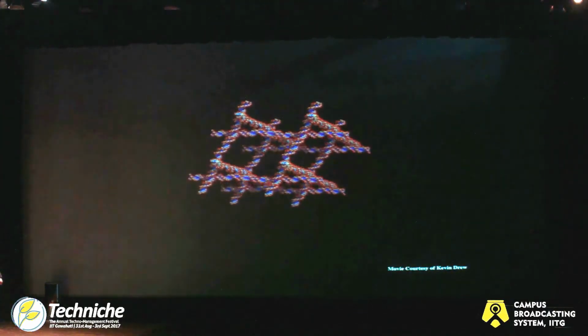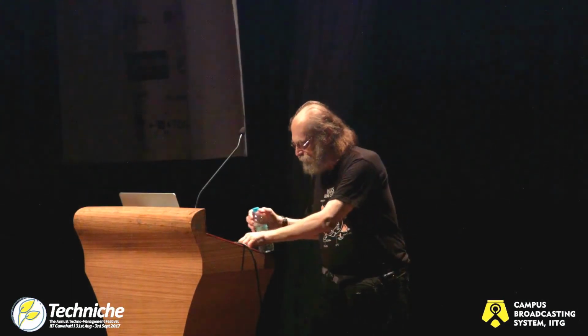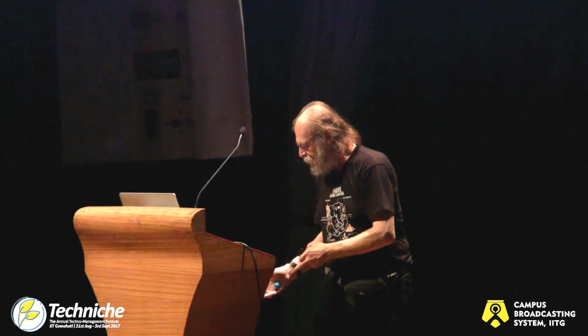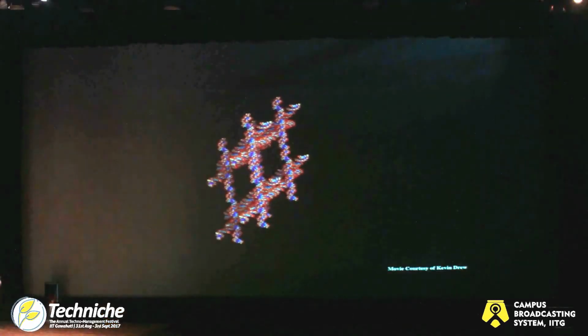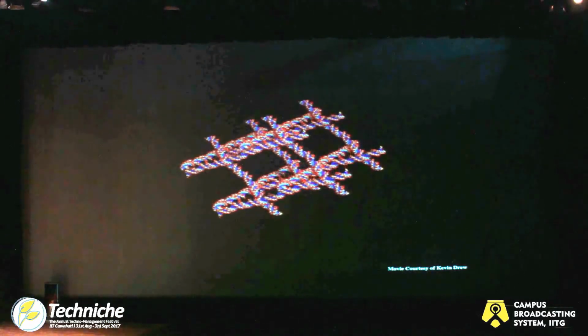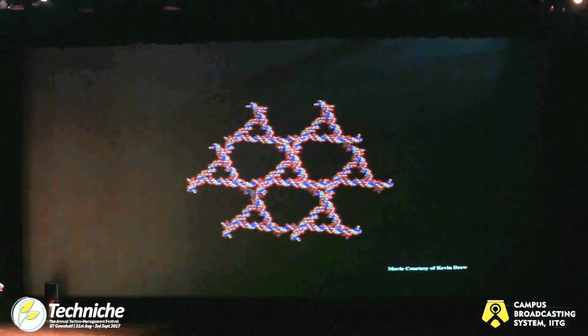Now, what you see on the screen, of course, contains 8 triangles, but the real crystals contain about 50 trillion of them. So that's a little bit larger arrangement.